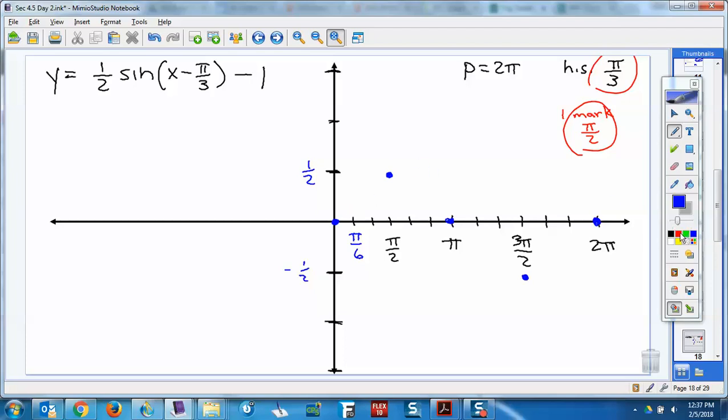So change colors here. This one is going to go 2 marks. This one will go 2 marks. This one will go 2 marks. This one will go 2. That's 1 mark, isn't it? Yeah, I didn't grab it over there. Okay, this would be 2 marks. And then I really need a couple more marks out here.